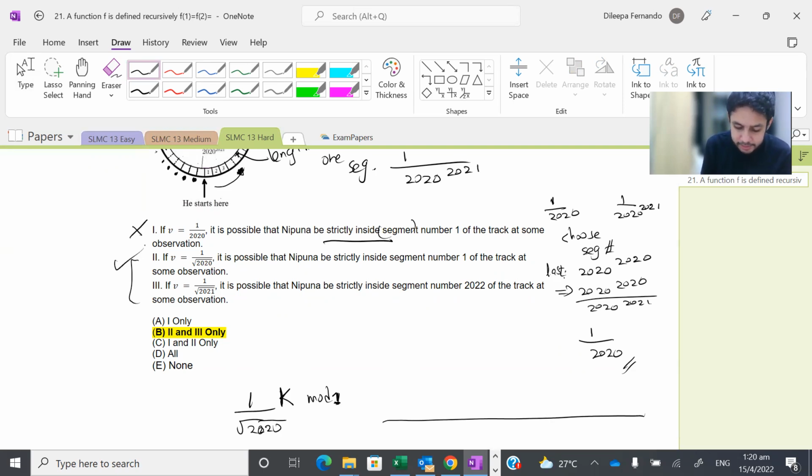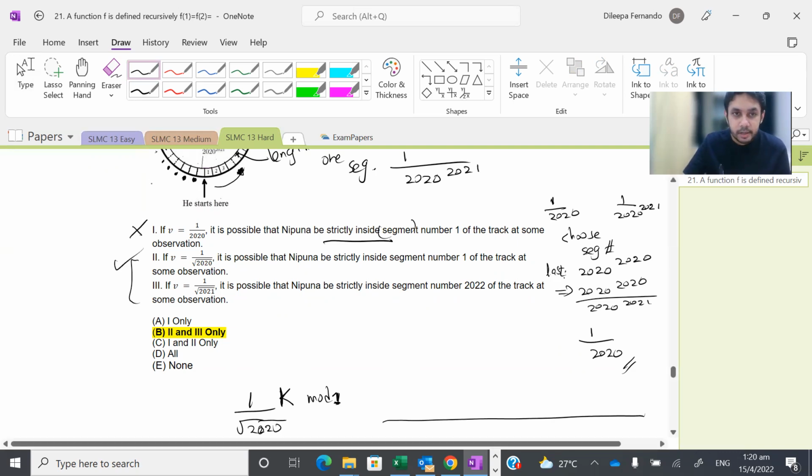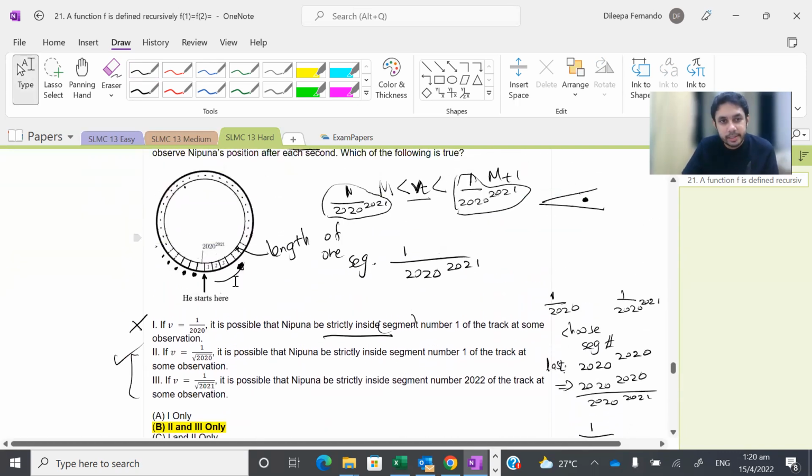Statement 3 says it is strictly inside segment number 2022. Now if you remember how we concluded that Nipuna is not inside the number 1 track.